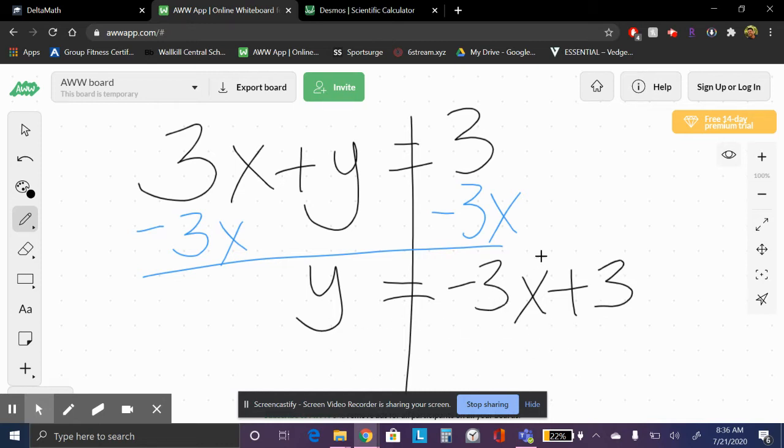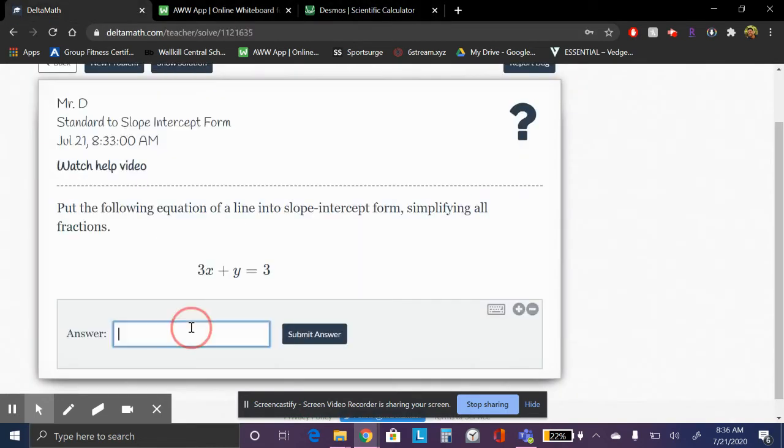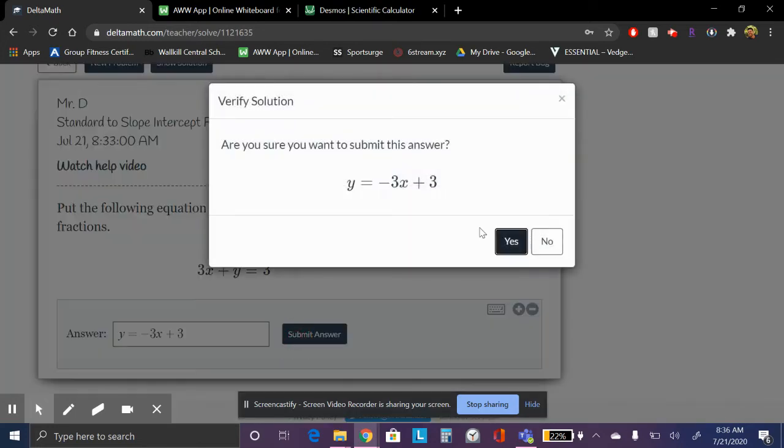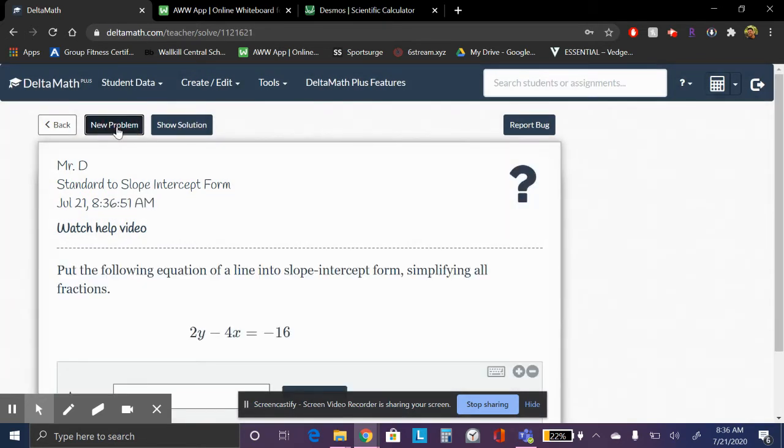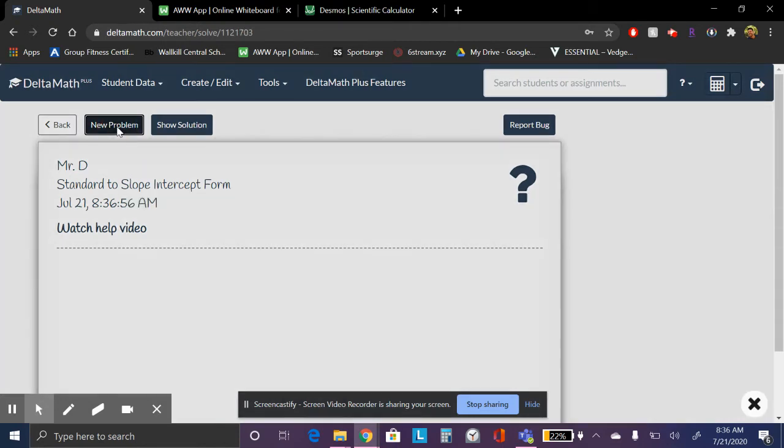My slope is negative 3, my intercept is 3. Submit it. Yes. Good. Let's look at another one.